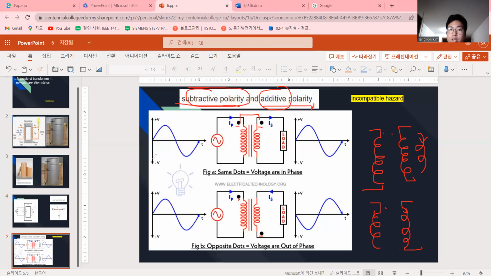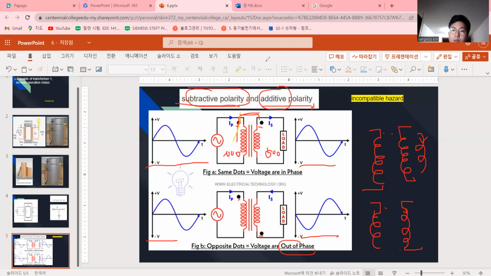As you can see here, primary and secondary are in phase, but in the additive, the secondary is out of phase with the primary. Why? Look at that. For example, here 1000 ohm and 500 ohm. I will change color.